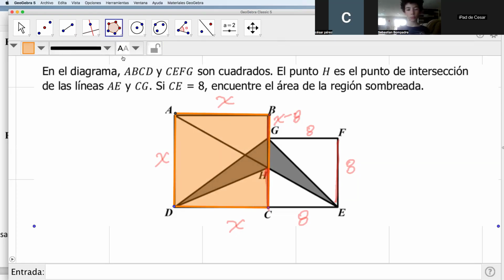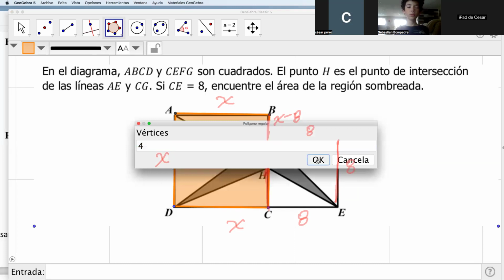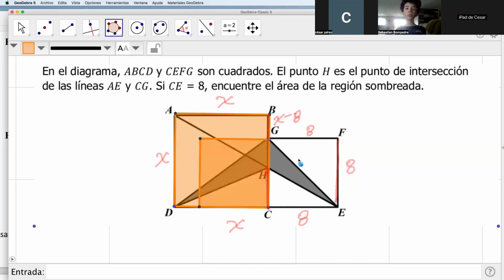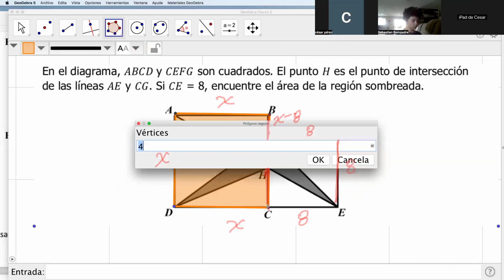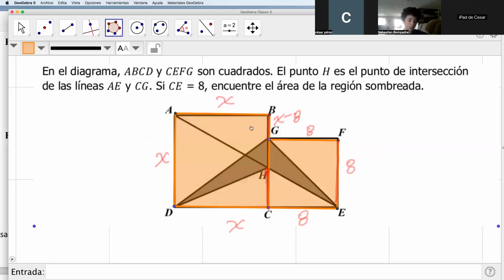And here we have another square. And we have this line.